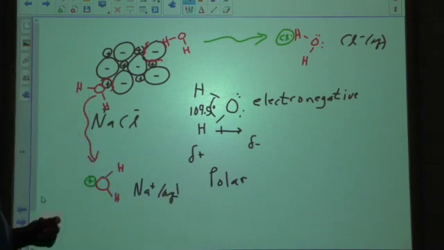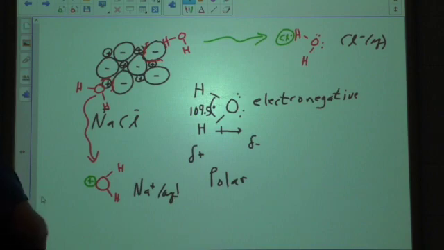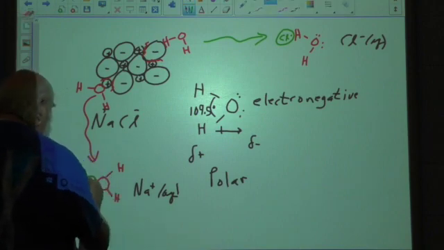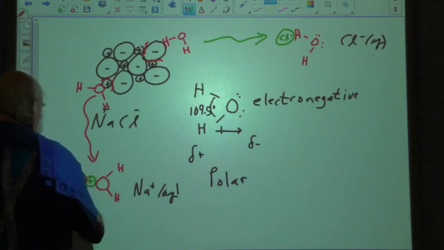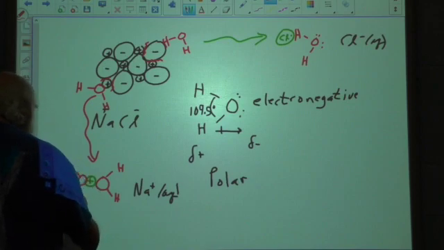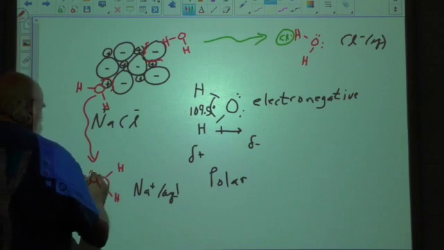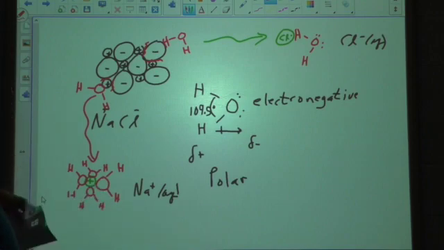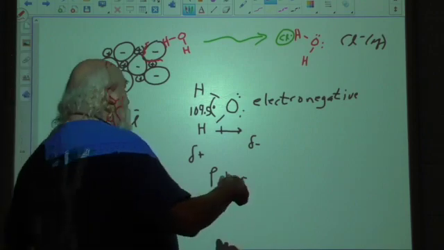Now, in actuality, just like the salt crystals, you actually find 6 waters bonded to it. So you actually have another water right here, another water right here, another water right here, and then one in front and one behind. So you get 6 waters on that thing, and the same thing happens over here.